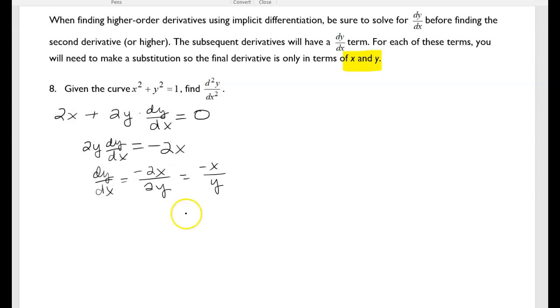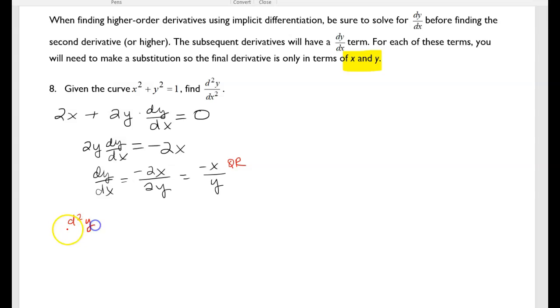Now I'm going to find my second derivative. I'm going to switch up my colors here. In order to find the second derivative, I'm taking the derivative of -x over y. I see that that is a quotient, so I will have to use the quotient rule. I'm taking the derivative of both sides here. The derivative of dy dx is the second derivative.